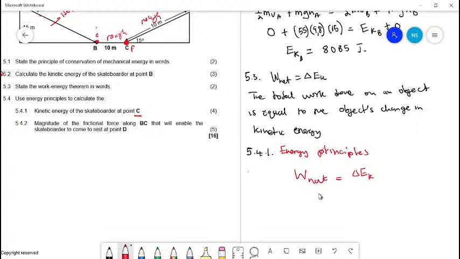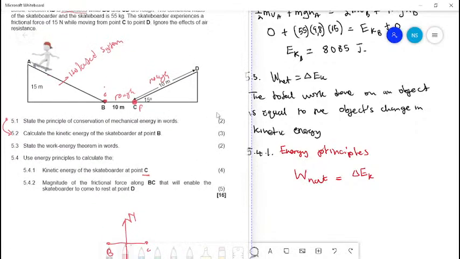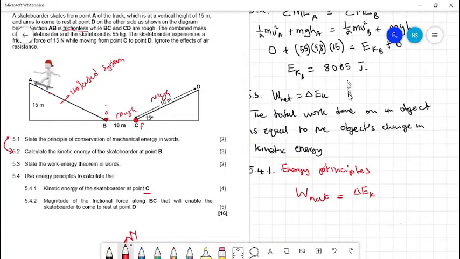As this thing moves from point B to point C, we can see that there's the force of gravity acting, the normal force is there, and also frictional force. And what do we get that? We got it from the information that we have above.